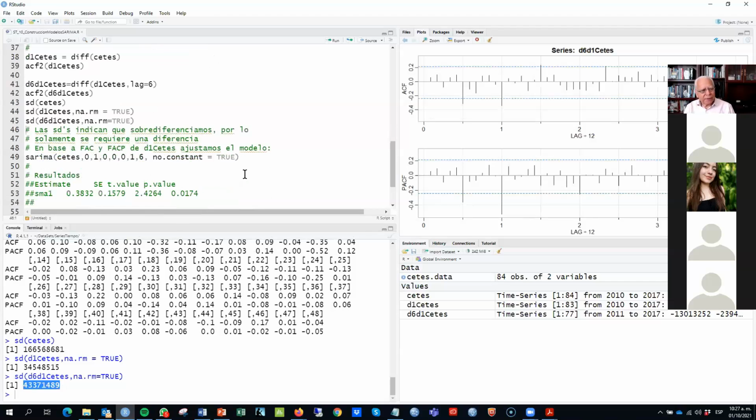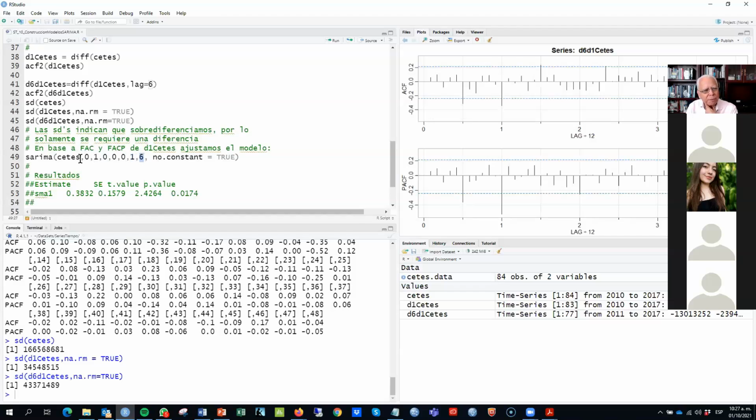Since I'm taking one difference and I'm working now with the original series, I'm going to use the SARIMA function for the series, the original data: 0 autoregressive terms, 1 non-seasonal difference, 0 non-seasonal moving average terms, 0 autoregressive seasonal terms, 0 seasonal differences, and 1 seasonal moving average term with seasonality equal to 6.